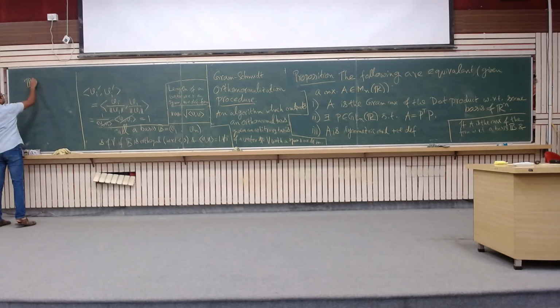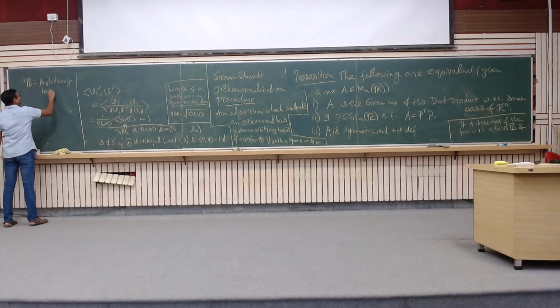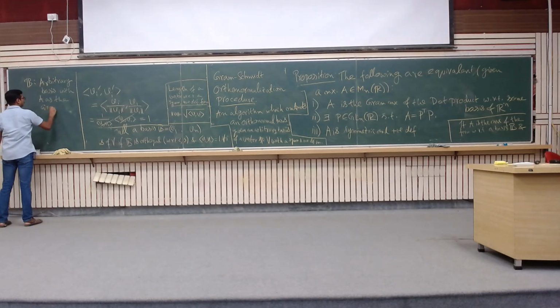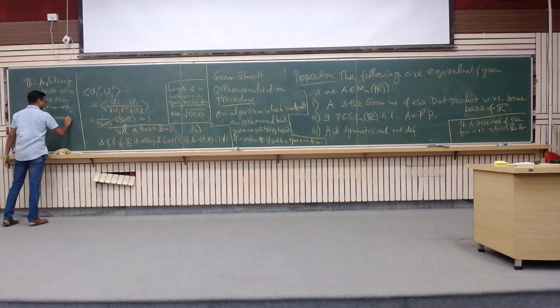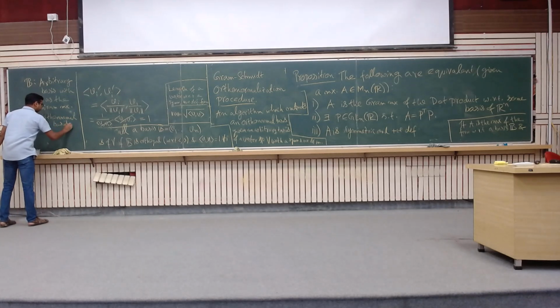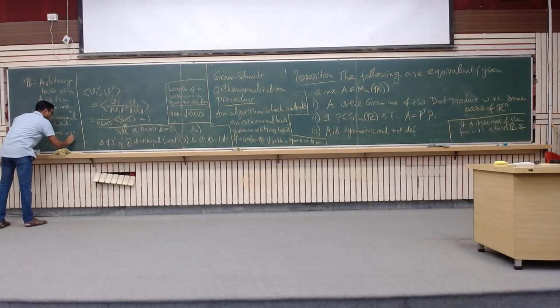So B is an arbitrary basis with respect to which A represents the gram matrix, and B dash is your orthonormal basis. And suppose A dash is the corresponding gram matrix with respect to B dash.